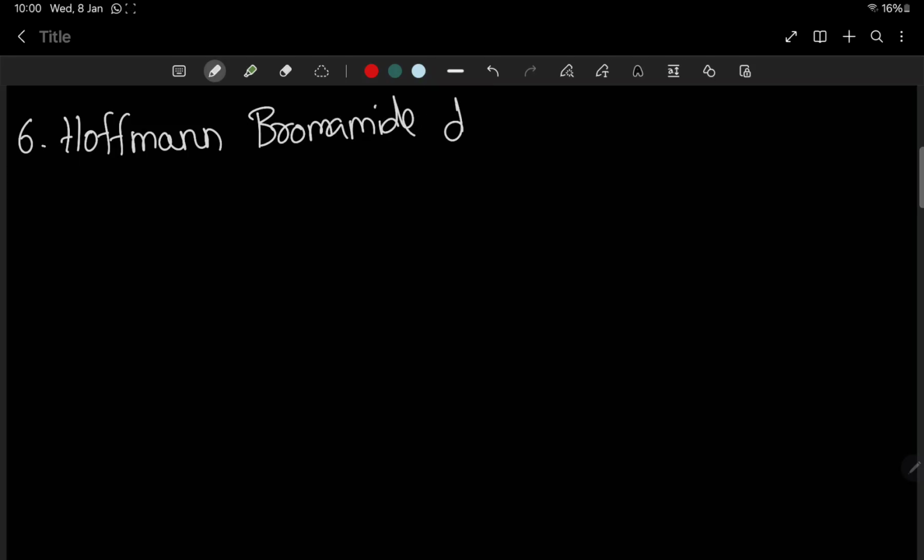Okay, this method is over. Now the next method is the Hoffmann bromamide degradation reaction.